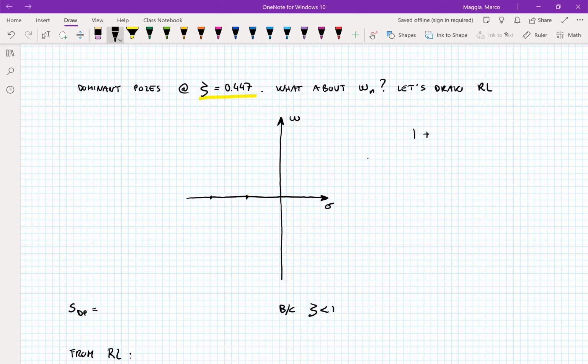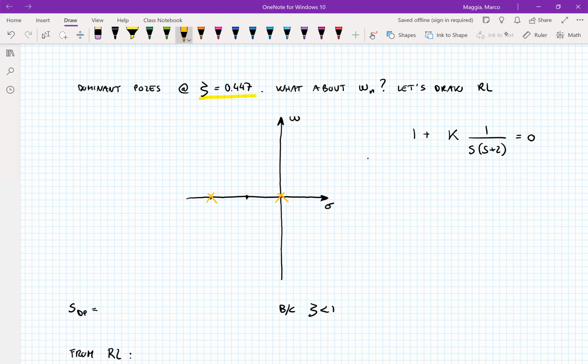We start with the characteristic equation, which is 1 plus k times 1 over s times (s plus 2) equals 0. It's already in the canonical form. We can place the open loop poles. We don't have any open loop zeros, so the open loop poles are at -2 and at 0.